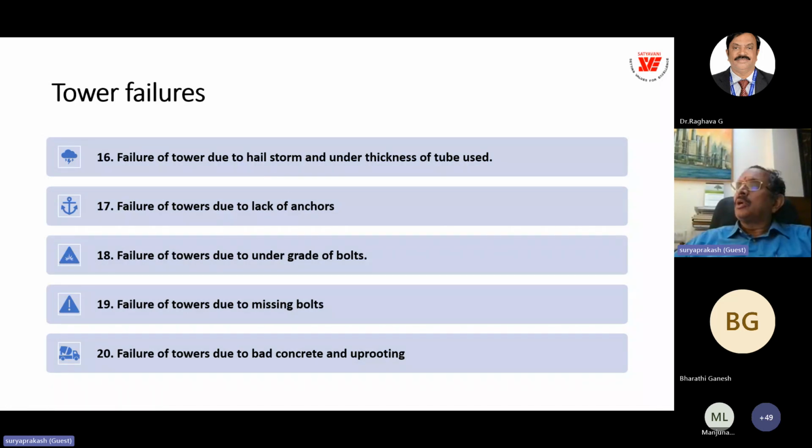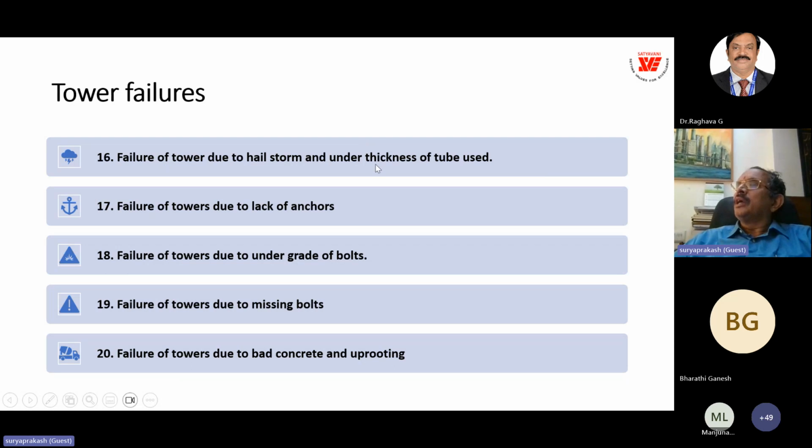But the hailstorm actually causes much higher pressure. We found that the tower, though it was safe, failed due to the hailstorm, and from the direction of the hailstorm and the direction of the failure, we felt it is a rare case of failure. So we have to keep this kind of thing in mind also.